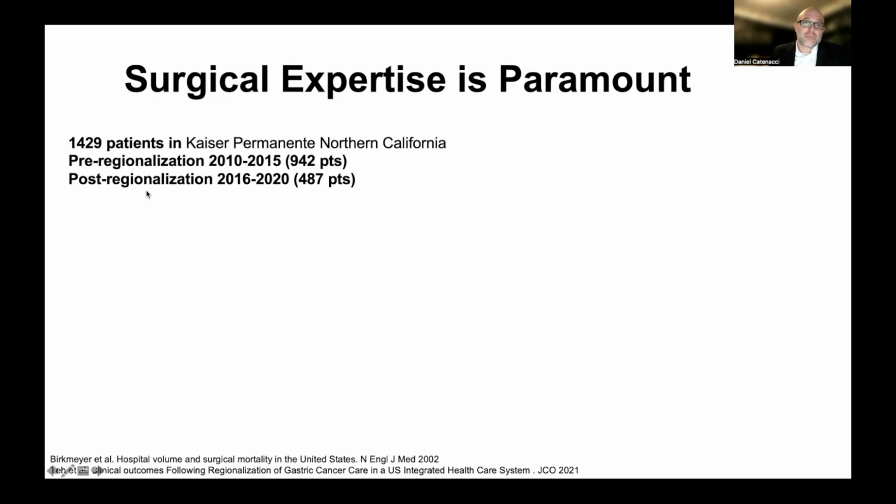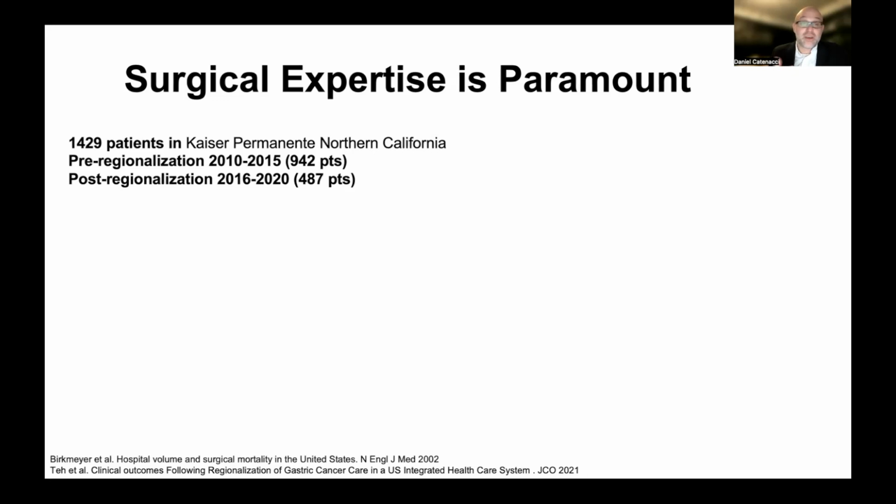Prior to regionalization, patients with gastric cancer were undergoing resection from surgeons at multiple different centers throughout their network, even if the surgeons were performing very, very few surgeries annually. After regionalization, they created centers of excellence within their system, so that surgeons became high volume surgeons and more specialized in these procedures.